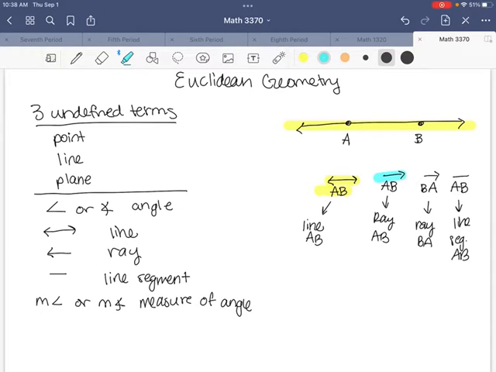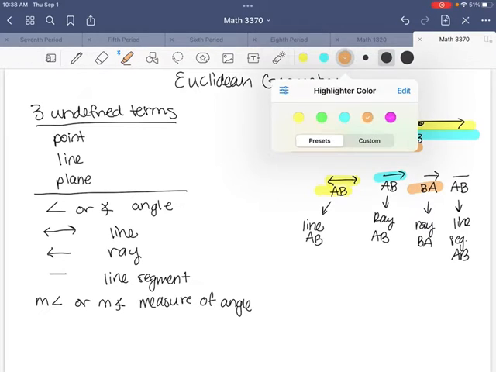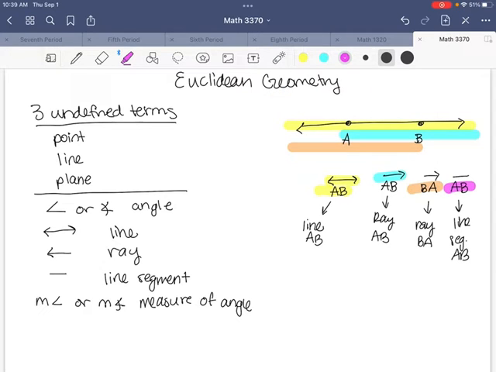If I want ray AB, that's going to start at A and then go in the B direction forever and ever that way. Ray BA is going to start at B and go this way forever and ever. I should have used a different color for that. Let me switch it. This way forever and ever. And then line segment AB is just this middle part. So those are the differences in the symbols when you're talking about rays, lines, and line segments.